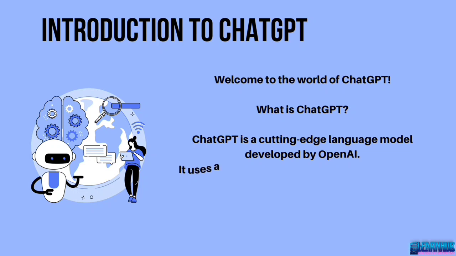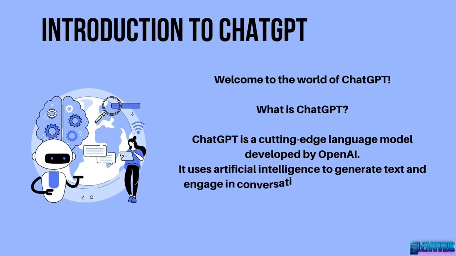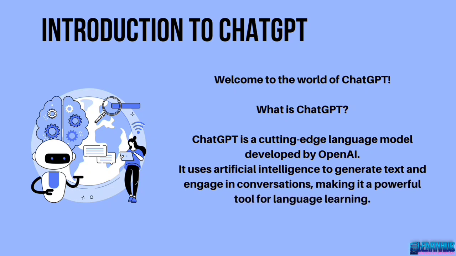What is ChatGPT? It's a cutting edge language model developed by OpenAI. It uses artificial intelligence to generate text and engage in conversations, making it a powerful tool for language learning. Okay, it can understand human language, human like language.